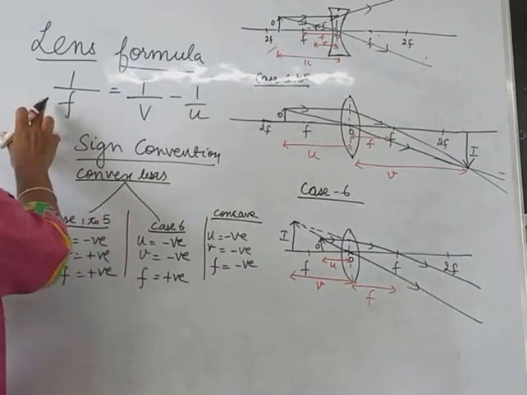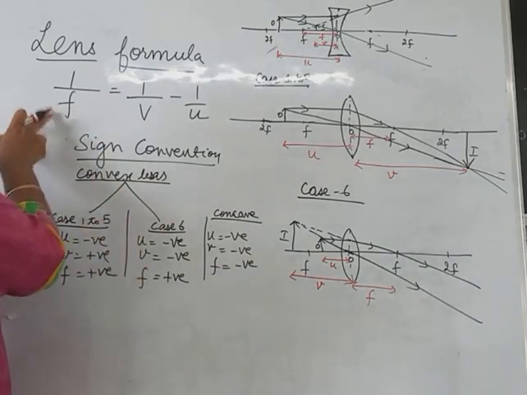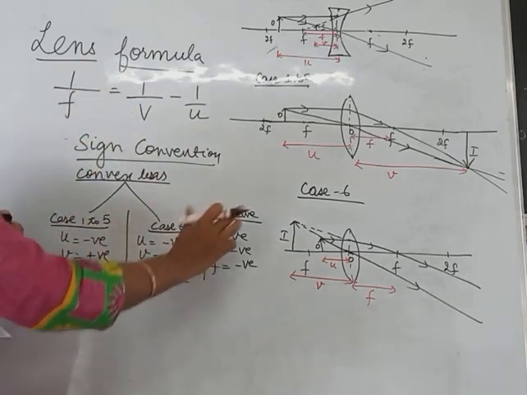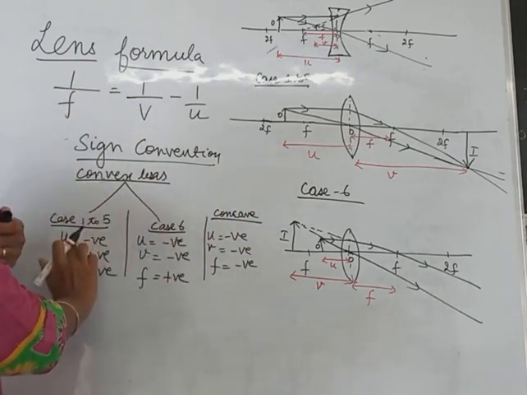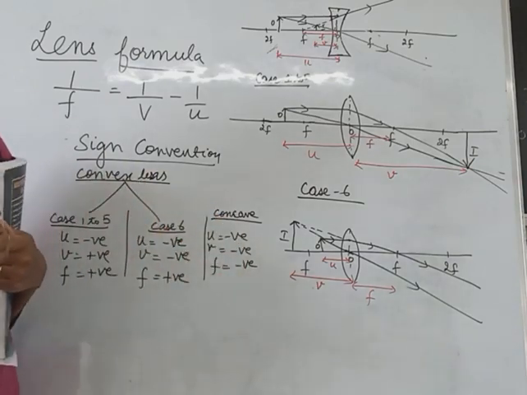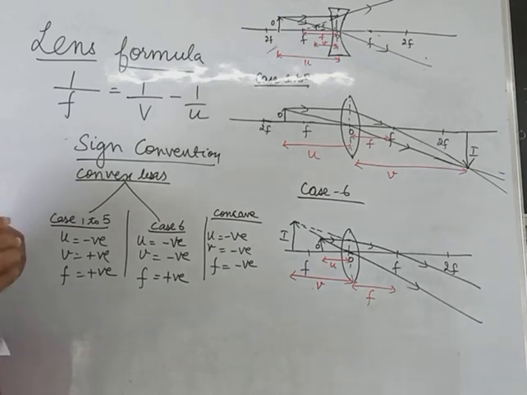Please note this down in your notebooks: lens formula and then sign convention. Under these three categories, convex case 1 to 5, convex case 6, then concave, there is only one ray diagram. I hope you are clear with the sign convention. Now we'll start doing the numericals.